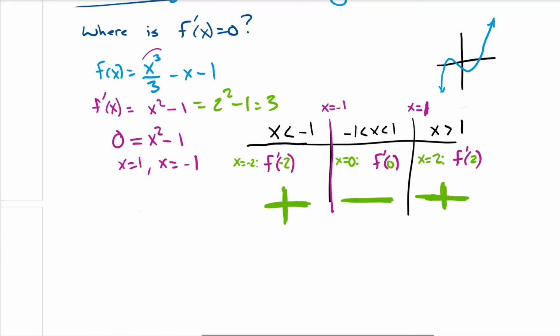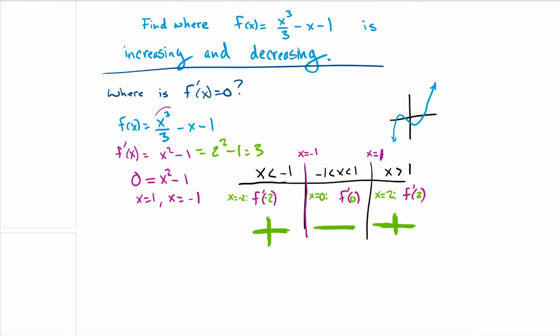Therefore, to answer our question, where is our function f of x increasing and decreasing? Well, we can state that it is increasing on the interval from negative infinity up to -1, just saying it's positive. And then we also have another one saying that when x is greater than 1, we're also going to have a positive derivative.